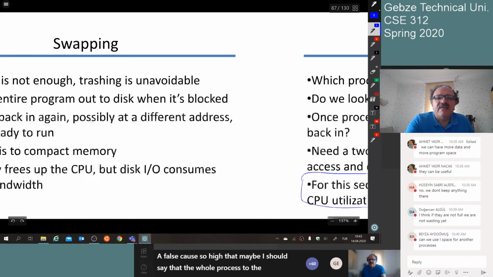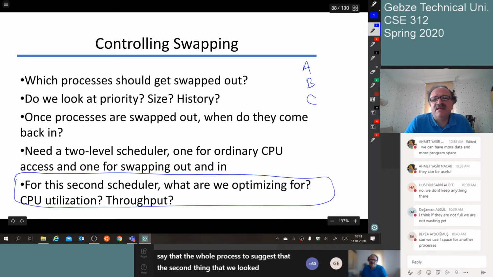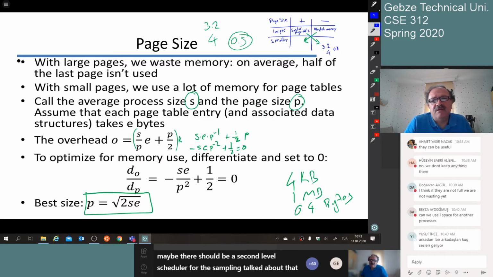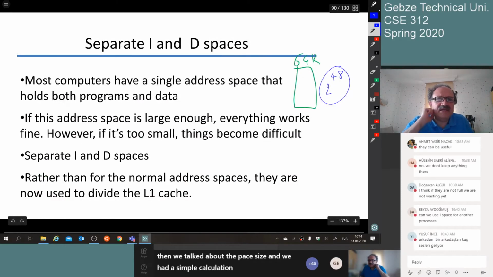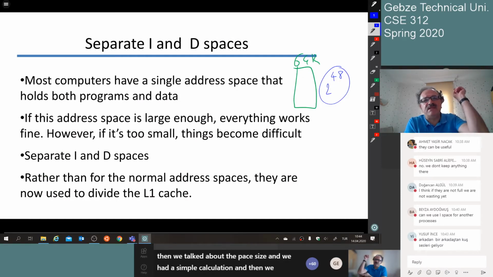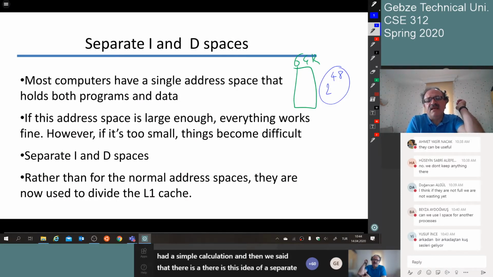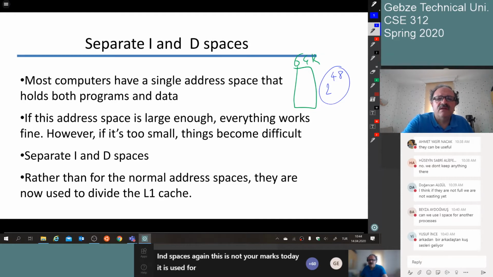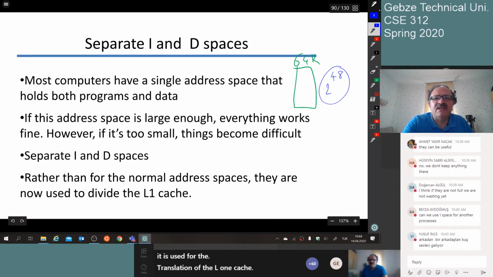Then we said that maybe there should be a second level scheduler controlling the swapping. Then we talked about the page size, and we had a simple calculation. And then there is this idea of separate I and D spaces. Again, this is not used much today. It is used for the organization of the L1 cache, but we will come to this idea later.